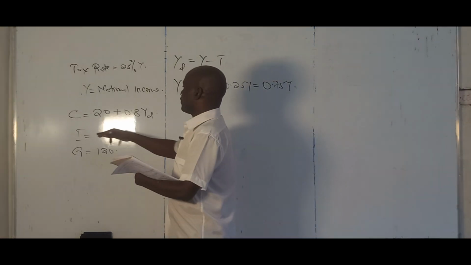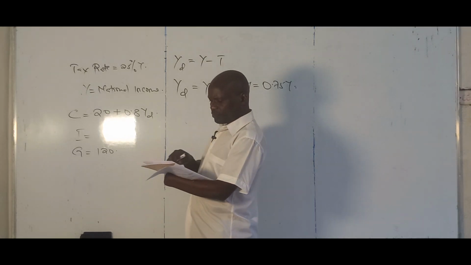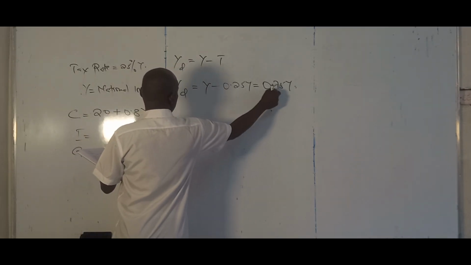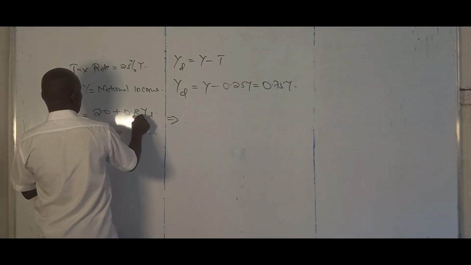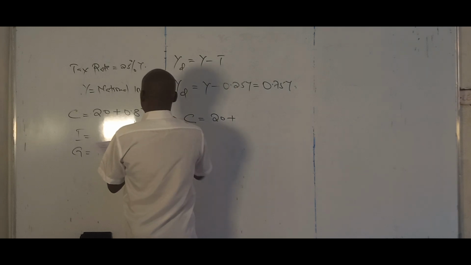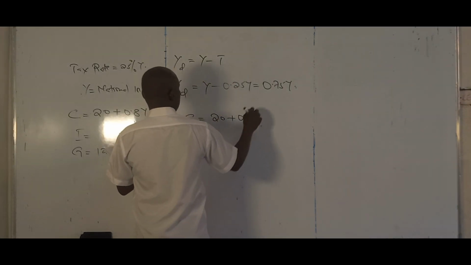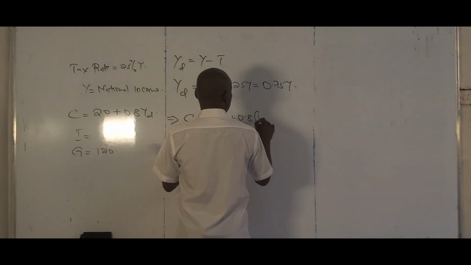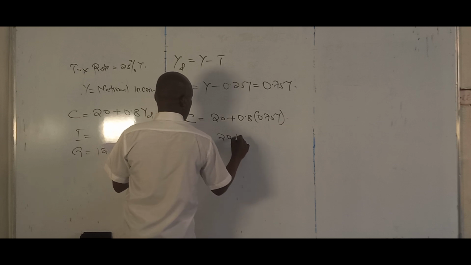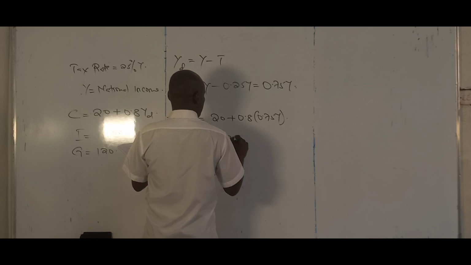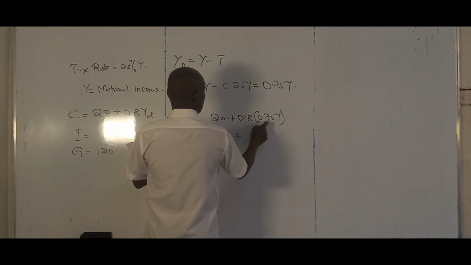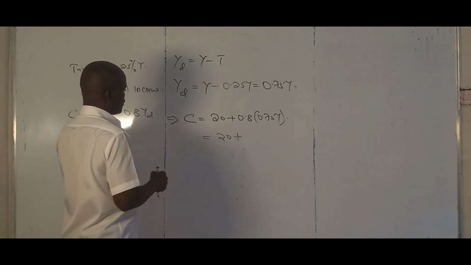And if that's the case, then we can specify the consumption function. If disposable income is 0.75Y, then C is equal to 20 plus 0.8 times disposable income, which is 0.75 of Y. Upon working this out, if you open up this bracket, what you should get is 0.6Y.